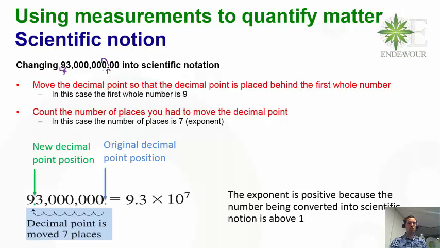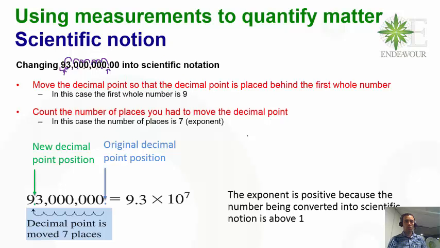So if we're moving, that would correspond to moving it to there. So that's 1. And then we do that again. 2, 3, 4, 5, 6, 7. So on the 7th one, we've now been able to move the decimal point to where it's required behind the first whole number.